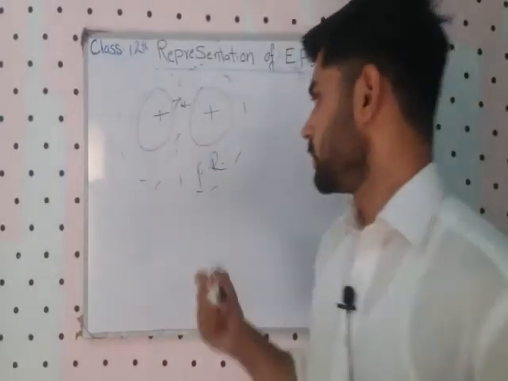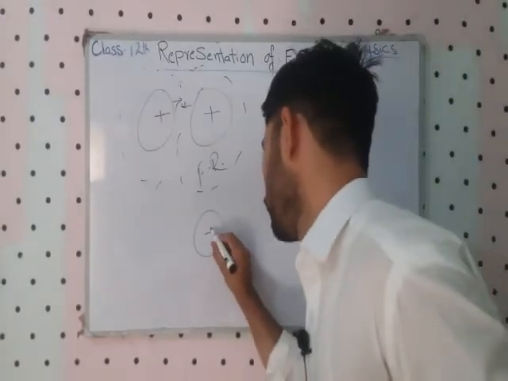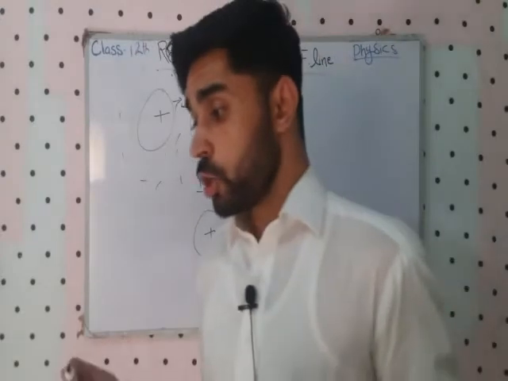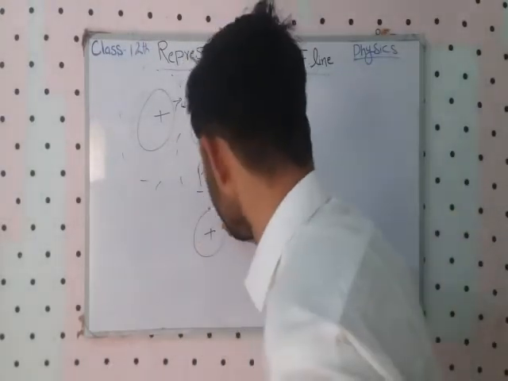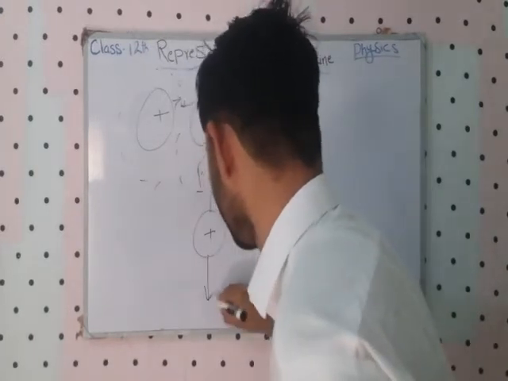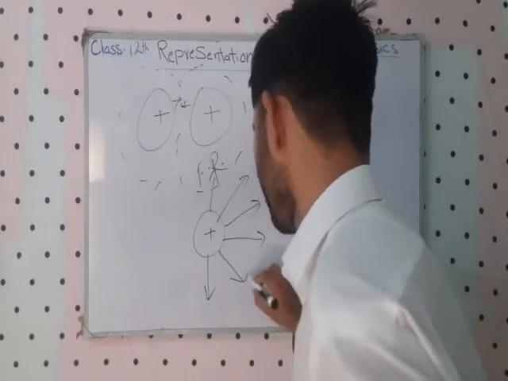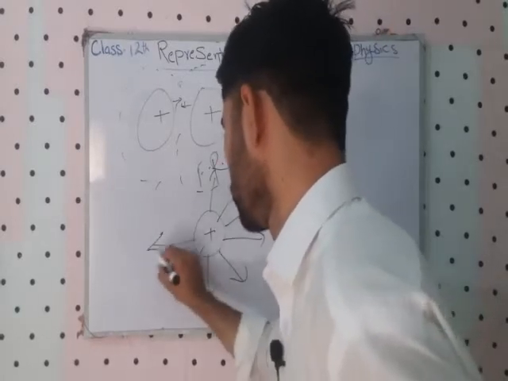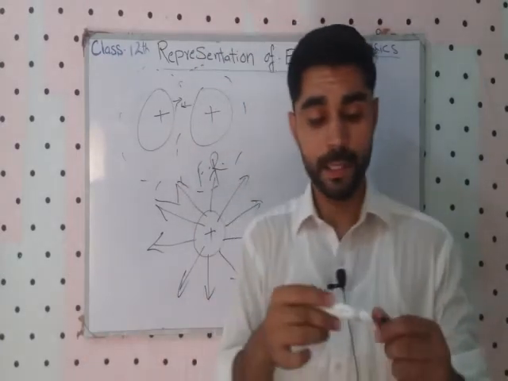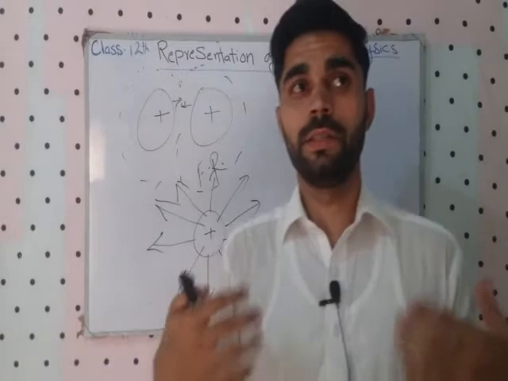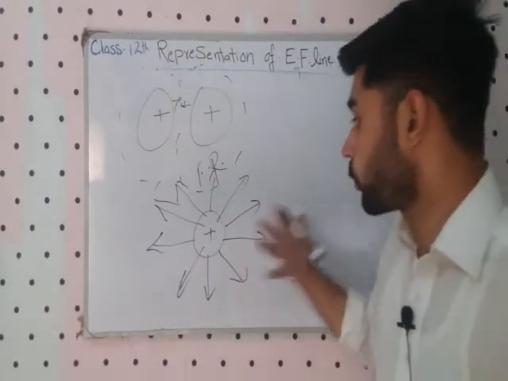Let's take a charge, for example, positive charge. This charge emits a photon. Photon means it emits the light in the form of packets.